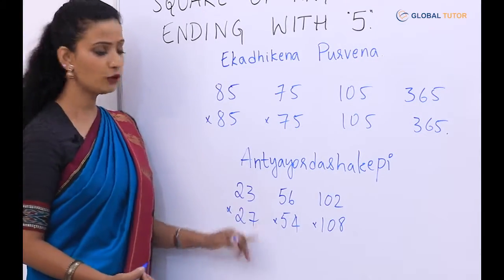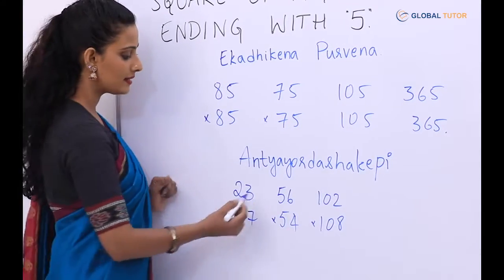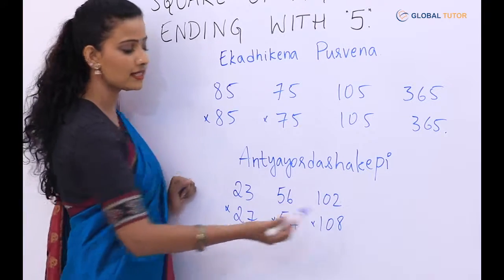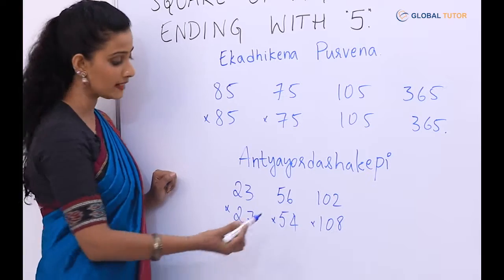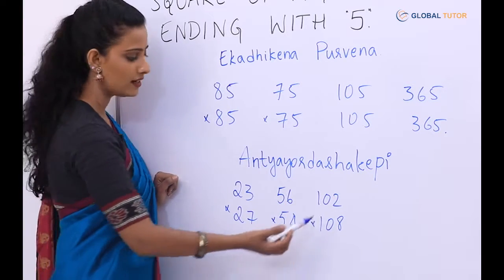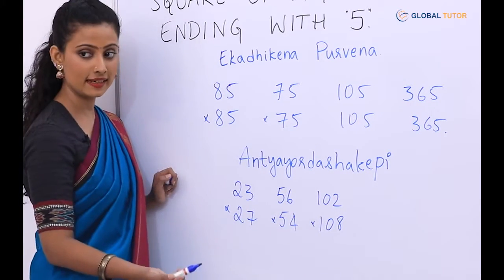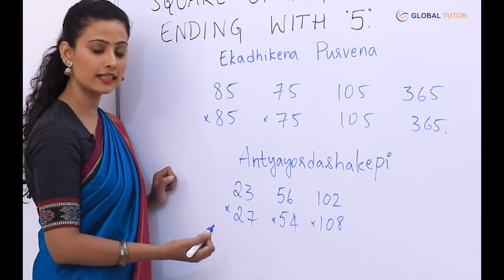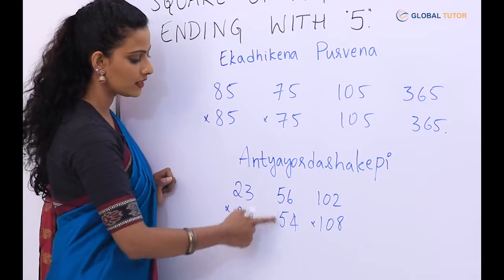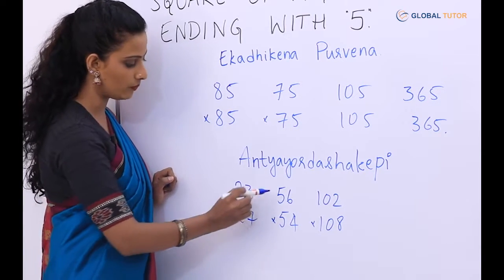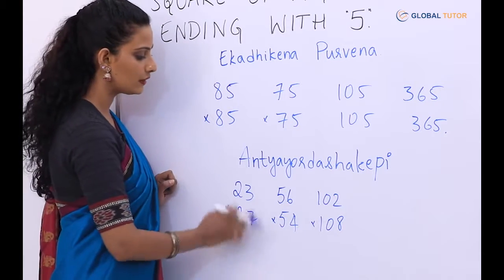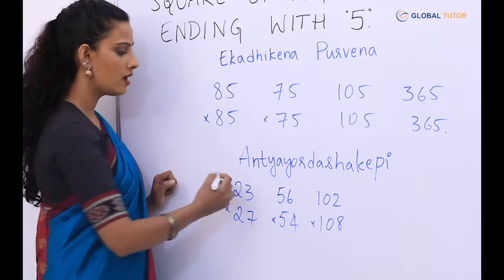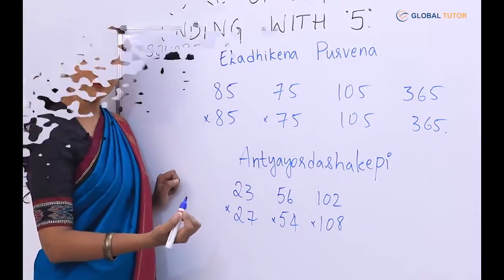Here, if you observe these numbers, the sum of the unit places is 10: 3 and 7 is 10, 6 and 4 is 10, 2 and 8 is 10. And another interesting thing is the previous digits are the same, like 2 and 2, 5 and 5, 10 and 10. Only then can you apply this sutra Antyayor Dashakepi.